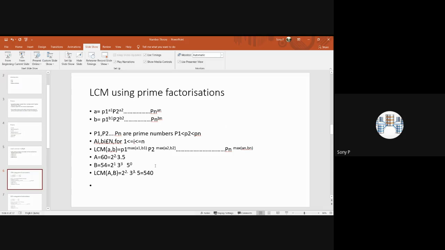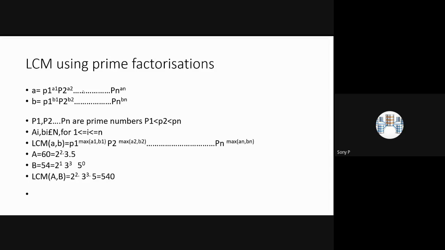So the LCM of 60 and 54 will be 2 square into 3 cube into 5, that is equal to 540. So LCM can be written like this.